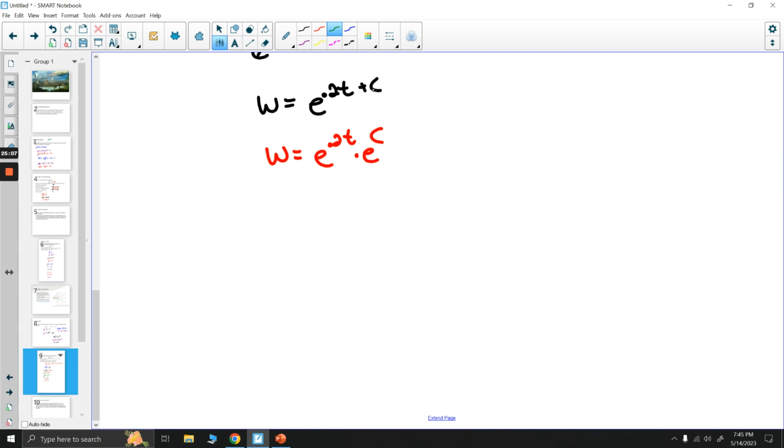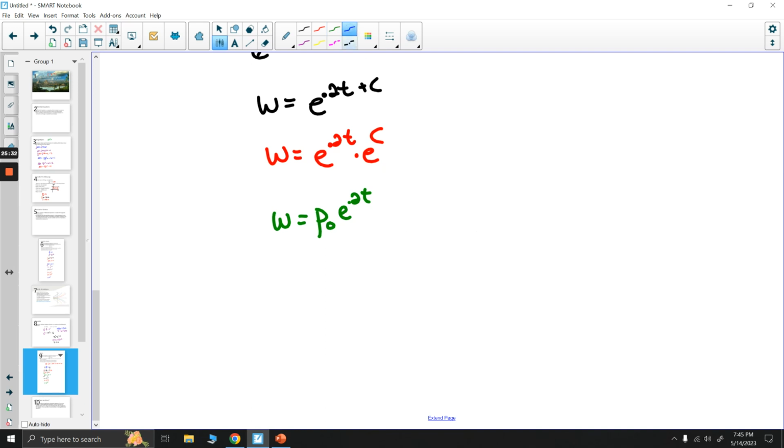We can rewrite a constant to a constant as some other constant. So wolves equals, we'll call it P sub naught, e to the 0.2t, because that's what this c is, the initial population. So the number of wolves is our initial wolves times e to the 0.2t.